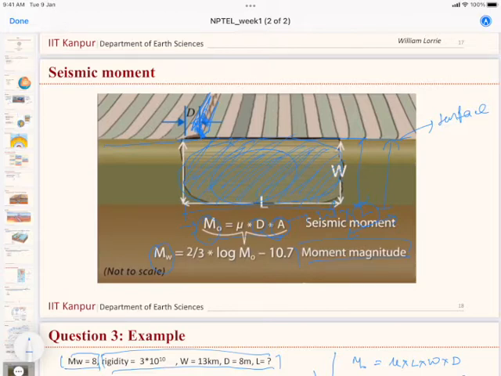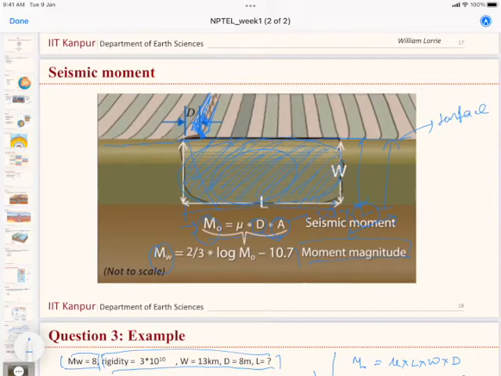First the displacement happens along the fault, through which energy gets released, and since the energy is so high, the area adjacent to the fault got ruptured, and this ruptured area we are talking about.